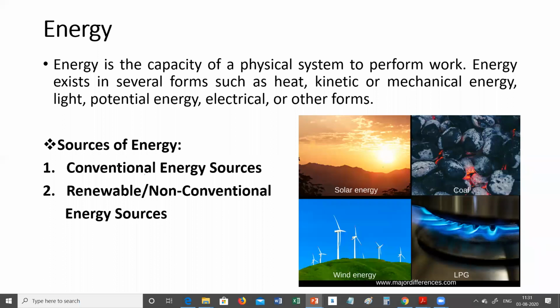Mechanical energy, and finally into electrical energy. Means what? To do a work, we will require a single stage of energy or multi-stage of energy.